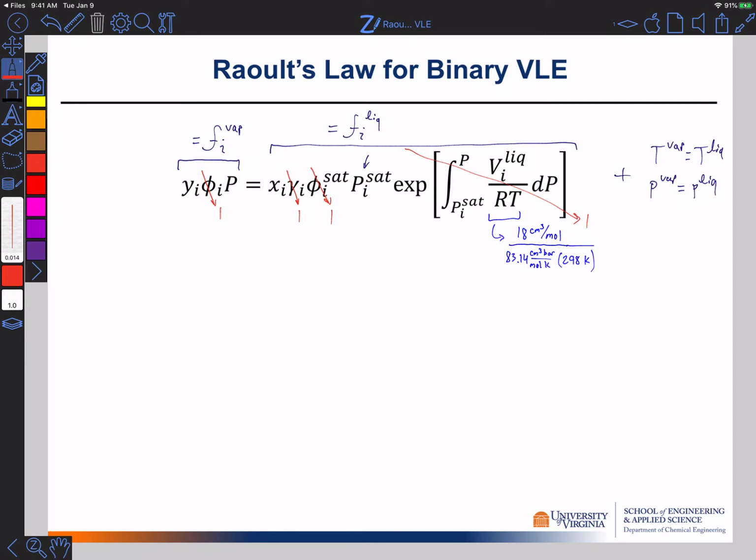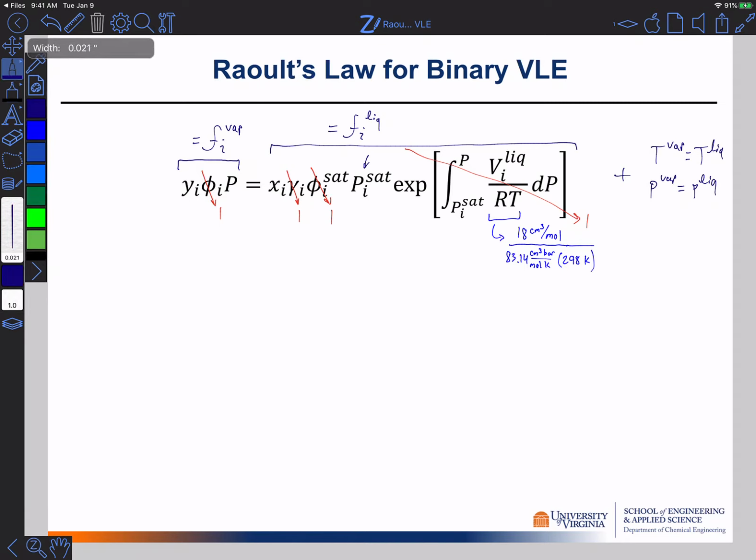This is just being justified based on doing some back-of-the-envelope calculations for the system we're looking at, and convincing ourselves that in that particular case, the numbers just aren't that significant, and so the Poynting factor might be very close to unity, but it doesn't have anything to do with the assumptions associated with ideality.